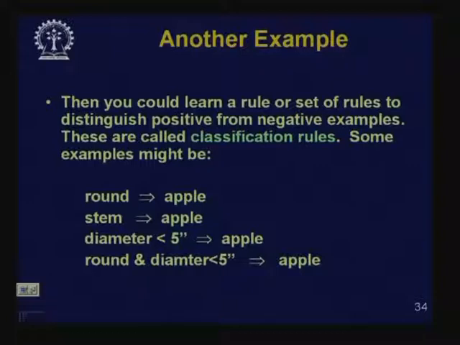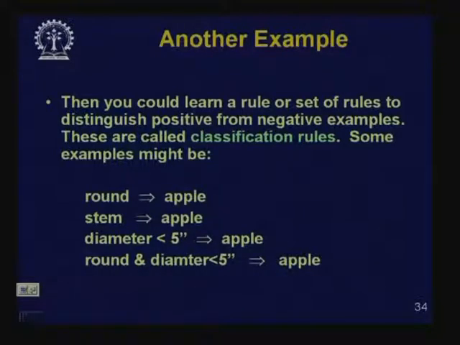Here we are expressing the rule, the antecedent, as a conjunction of constraints on features. Similarly, we could express a rule as a disjunction. We could say round or diameter less than 5 inch implies apple. This is an example of a disjunctive rule, or we could express it in other forms.